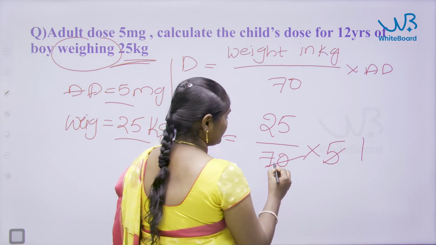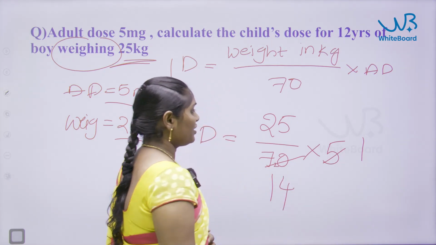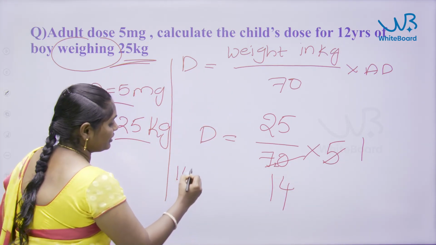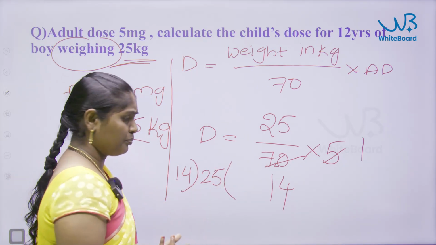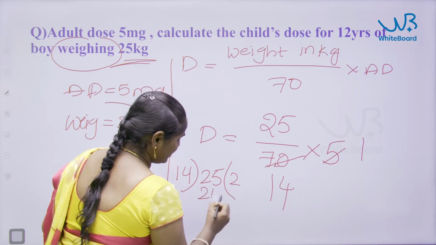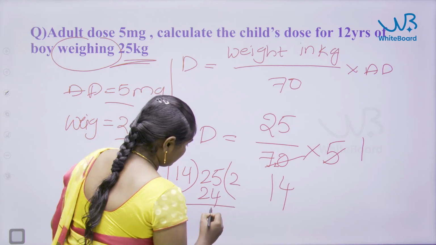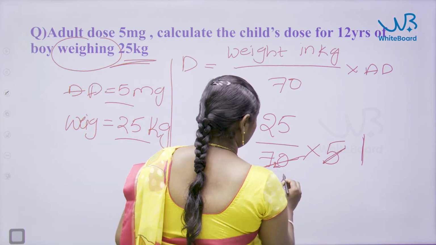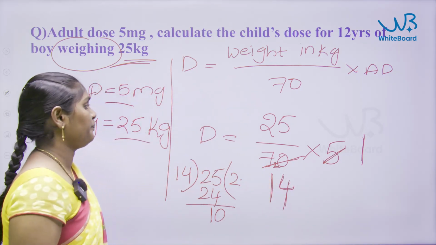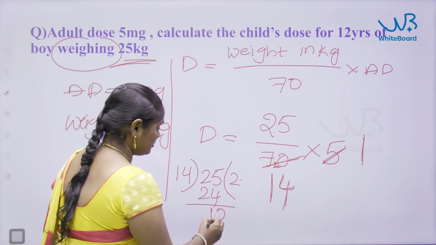5 ones are 5, 5 fours are 20. You can calculate that using anything that is feasible to you.